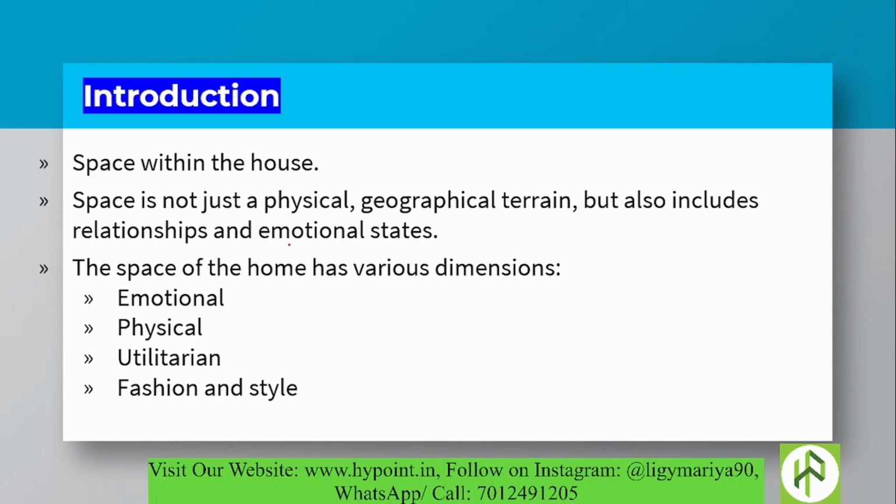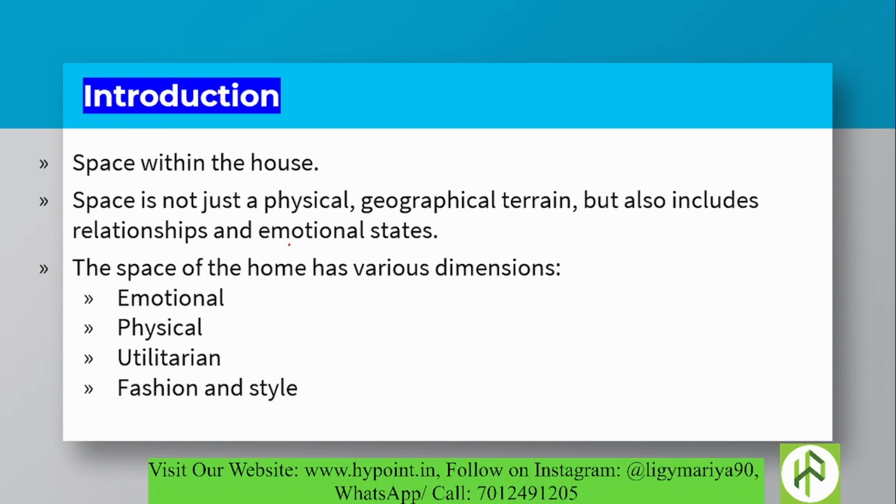But when people come and occupy that place according to the ideology with which that space has been built, then only that becomes a space. So space is not just a physical or geographical terrain. Okay, it includes relationships, it includes various ideologies, it includes various emotional states.